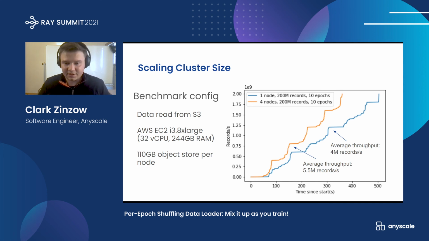And then also in addition, shuffling is an all-to-all dependency. So with shuffling, you're not going to be able to get linear scaling. So what we're looking at here is we want to see a little bit of uptick in the throughput, ideally, because we have more compute resources available, but we really just don't want to see a degradation in throughput.